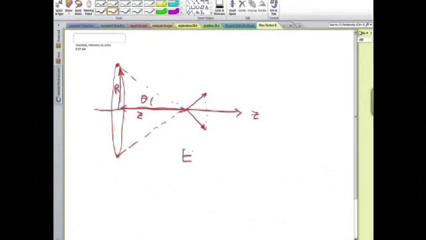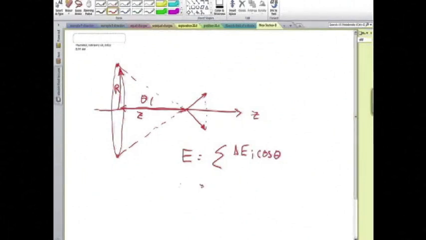So the net electric field there is going to be the sum of the electric fields produced by the charges along the ring. Each one of those charges contributes an electric field, E sub i, and we're going to have to compute the cosine of that, because we know that the vertical component cancels by pairs, so that will be cosine of theta.